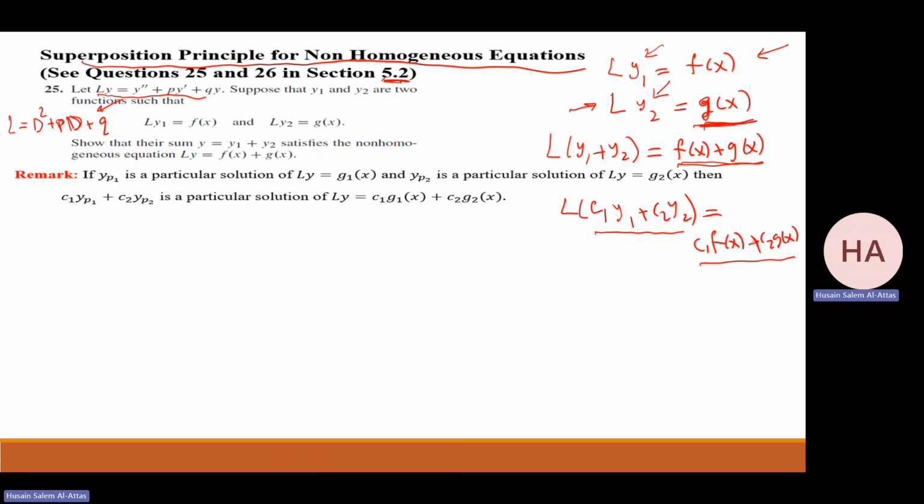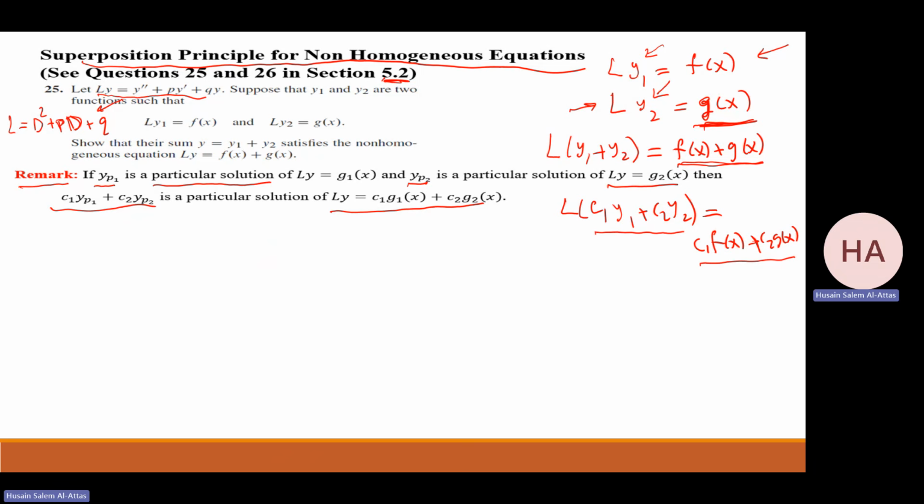This is the general one. If yp1 is a particular solution of the equation Ly equals g1, and yp2 is a particular solution of the equation Ly equals g2, then for the equation Ly equals C1 g1 plus C2 g2, my particular solution will be the linear combination of these two solutions.